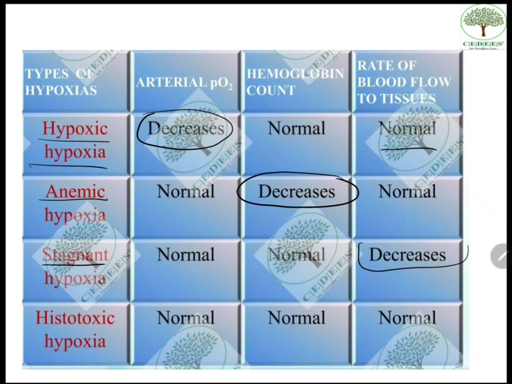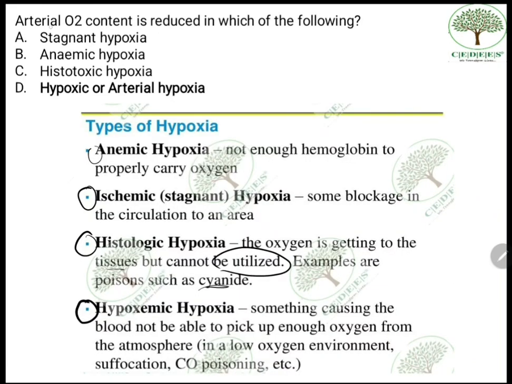Whereas in histotoxic hypoxia, all the three factors, the oxygen content, hemoglobin and blood flow, are completely normal, but there's an abnormality in the tissues. So to answer your question here, there's only one type of hypoxia where your arterial oxygen content is reduced, and that is option D, or the hypoxic hypoxia.